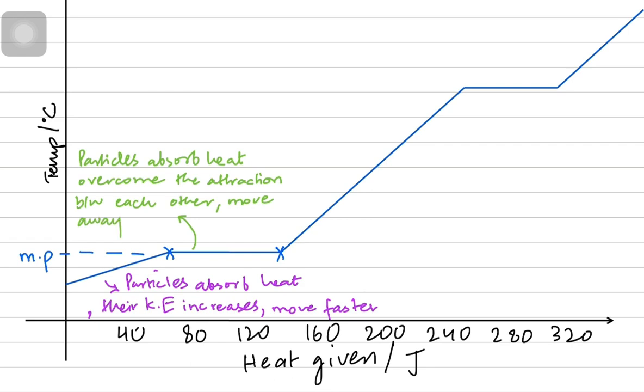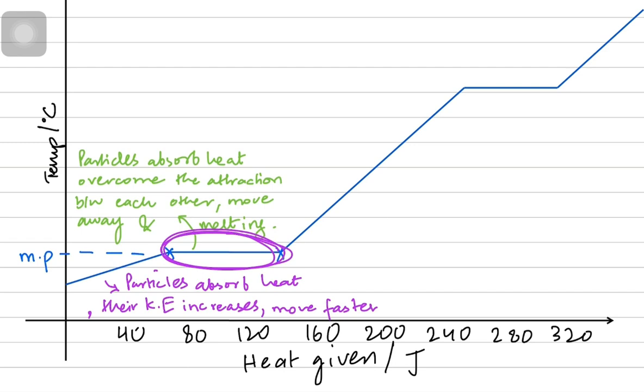When they absorb heat, they overcome the attraction and move away from each other, and that is exactly when the process of melting occurs. So when melting is going on, you can't expect temperature to change. The temperature will stay constant until all the ice has melted.